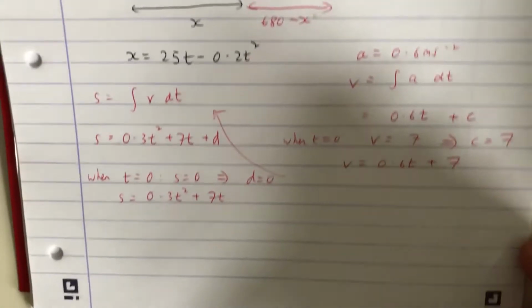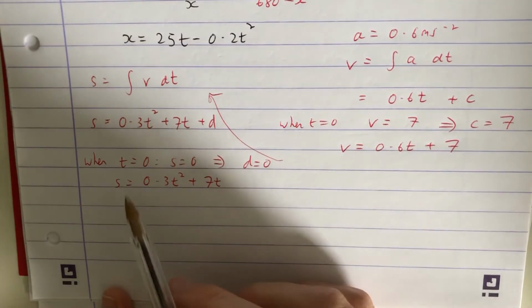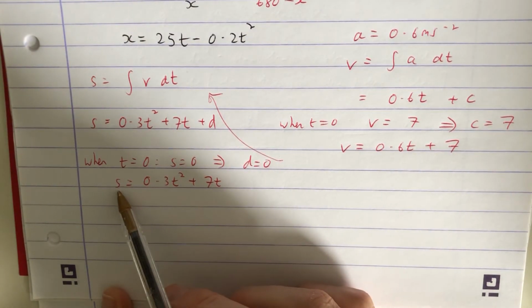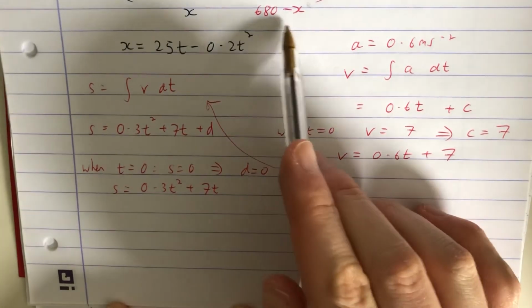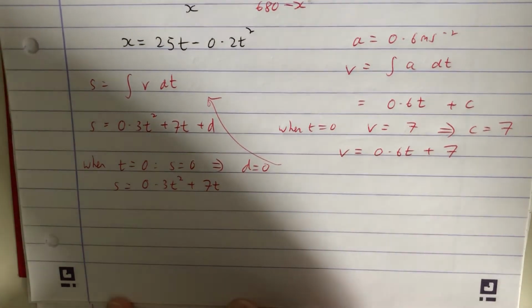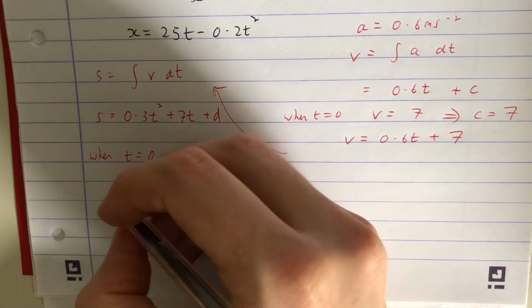Now, that's the distance from B, but we want a very specific distance. We want it to be 680 subtract x away, so I just substitute that in.